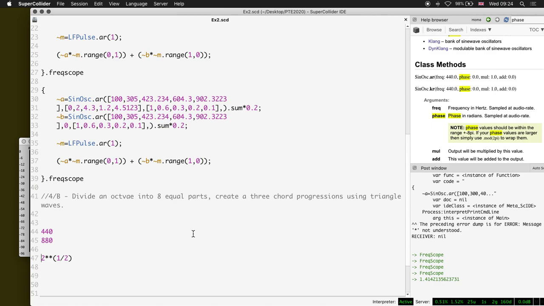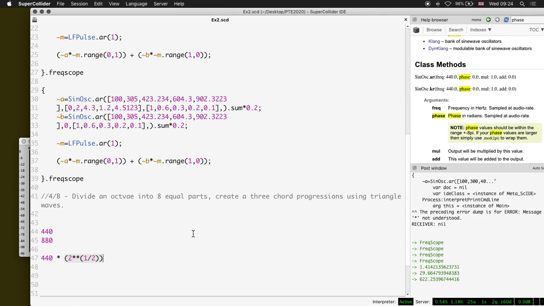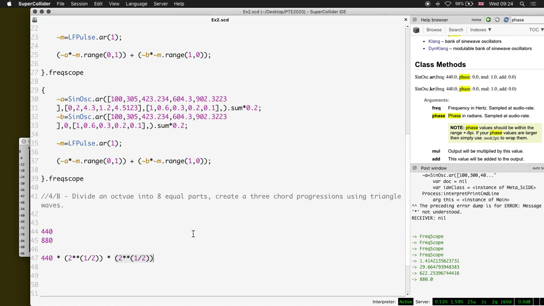So the thing here is that if I multiply 440 with that square root, then I will get 622. And if I do that again, then I get the 880. Okay, so I have found a fixed multiplier that will give me half of an octave.